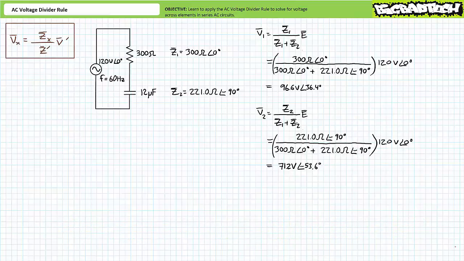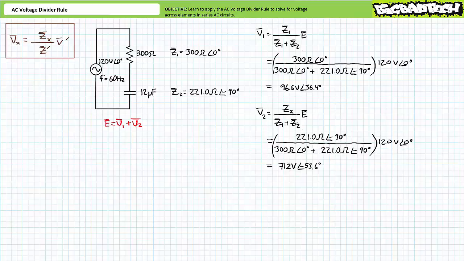Given we save so much time using the AC voltage divider rule, we've got ample opportunities to check our work. There's two principal means of doing so, one via Kirchhoff's voltage law and the other via Ohm's law. A Kirchhoff's voltage law analysis of this series circuit suggests that E equals V1 plus V2. The sum of voltage rises equals the sum of voltage drops. Given we solved for the voltage drops across individual elements using the AC voltage divider rule, we could substitute the results of one of our calculations to verify our second value.